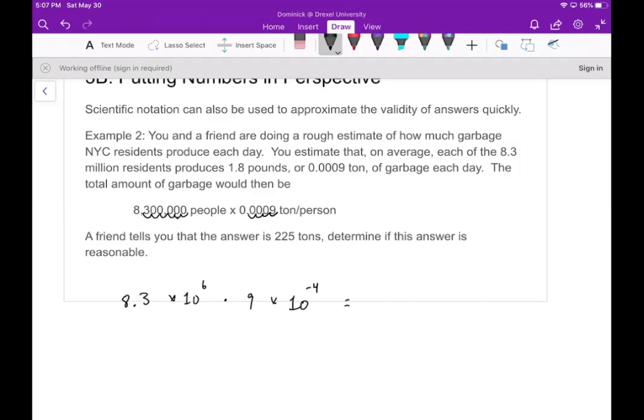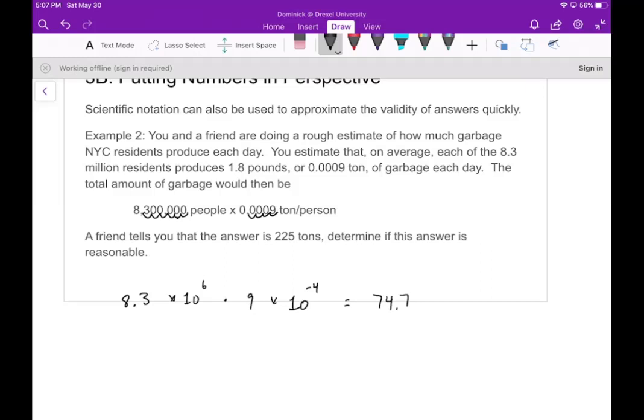Right? So now if I do 8.3 times 9, I'll do this a little bit more thorough, I guess. So I want to do 8.3 times 9, and that will give me 74.7.